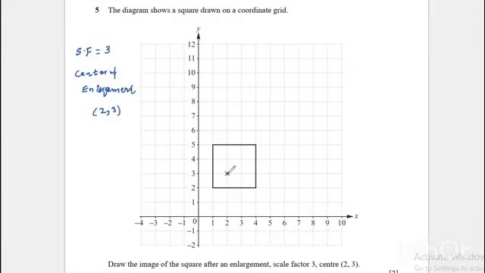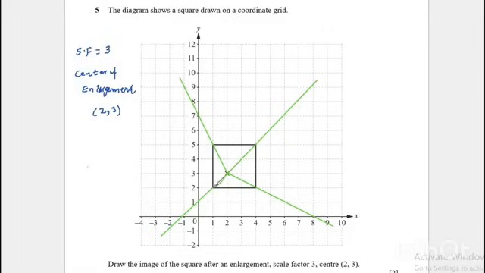So we have to find a new shape which is 3 times bigger than this. For that we will draw a few lines from the center, passing through the corners, and then extend them. From the center to the corner we have one box.